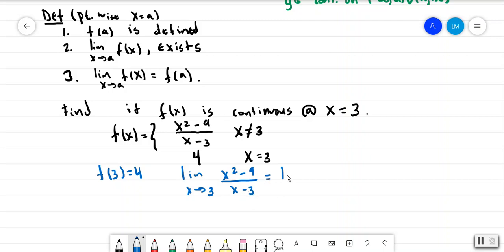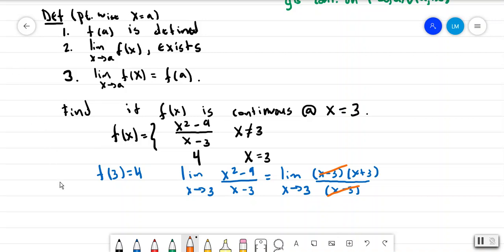When you simplify this by factoring as x minus 3 and x plus 3, you'll see that the factor of x minus 3 cancels out, which reduces the limit expression.